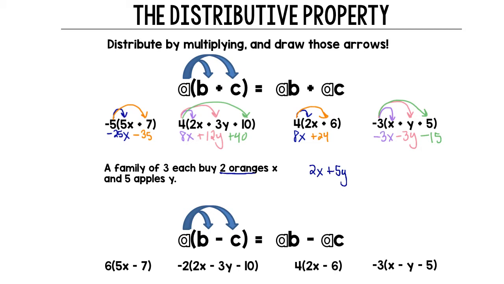So that is 2x plus 5y. Now how do we account for this 3 out in front? Well, we're going to do that 3 times. So we've got 3 times 2x is 6x. And then 3 times 5y is plus 15y. So the whole family together buys 6 oranges and 15 apples.